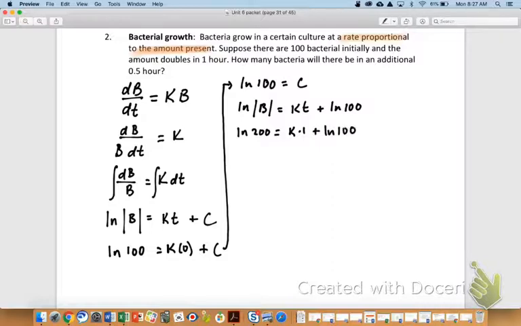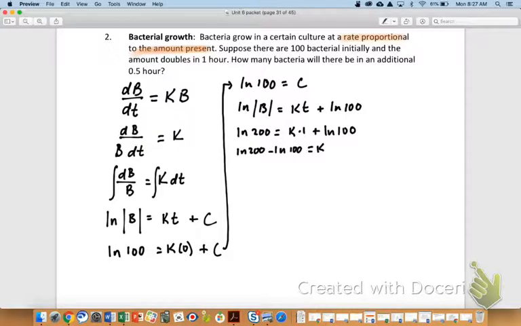All I'm doing here is I'm plugging in items that actually make sense, right? So Hunter's saying, hey, doubles in an hour? Well, there were 100, and doubles means now there's 200. Okay, so finding the k, this would be natural log of 200 minus natural log of 100 equals k.